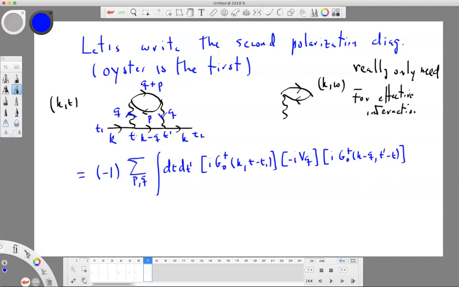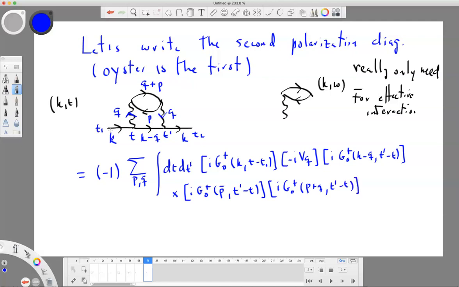Let's write out now the other two propagators here. This is multiplied by i G0 plus, and then we get P, for example, being the first, and this is going to be t prime minus t. And then we have the other propagator, G0 plus, and this is going to be P plus Q, and this is going to be t prime minus t.